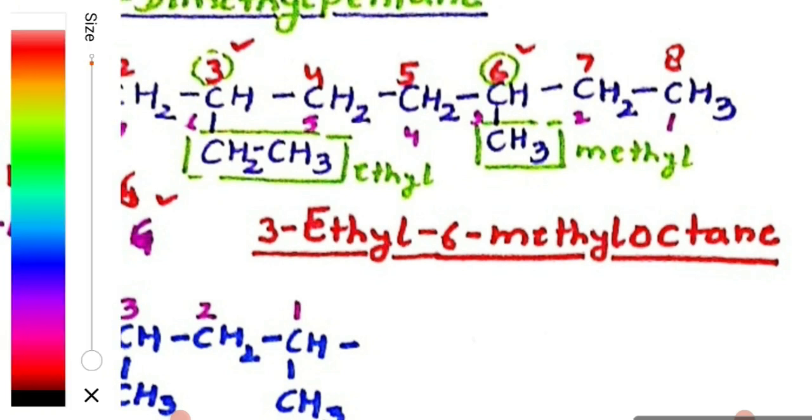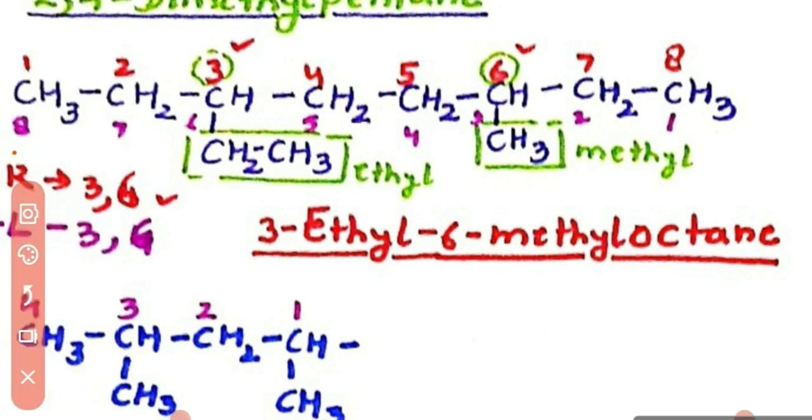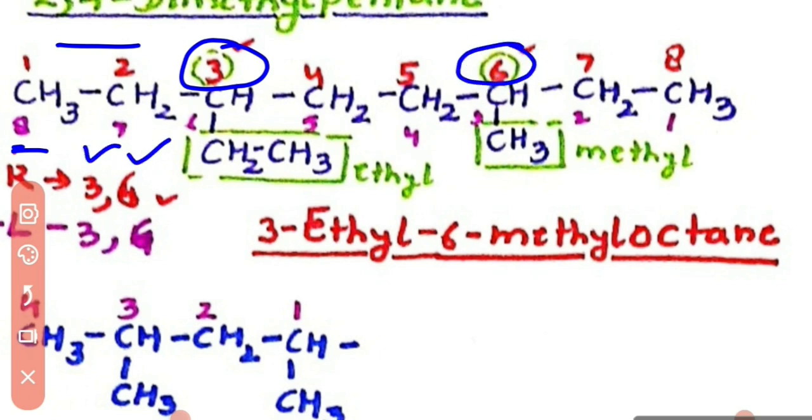Now number the carbon atoms from both sides. While numbering from left to right, the positions of the locants are at the 3rd and 6th carbon atoms. At the third position ethyl is attached, and at the 6th position methyl is attached as a substituent or branch.